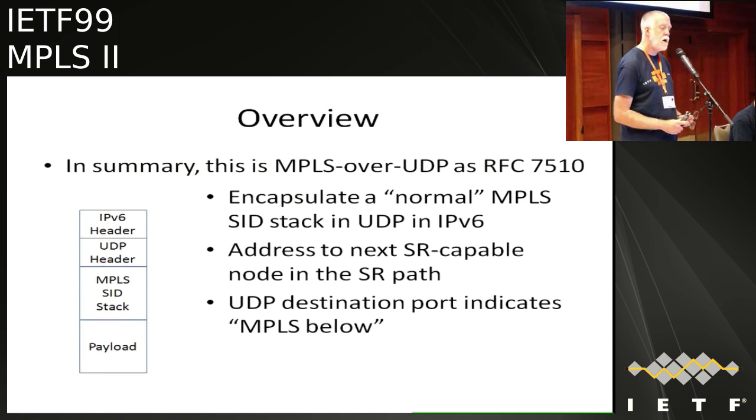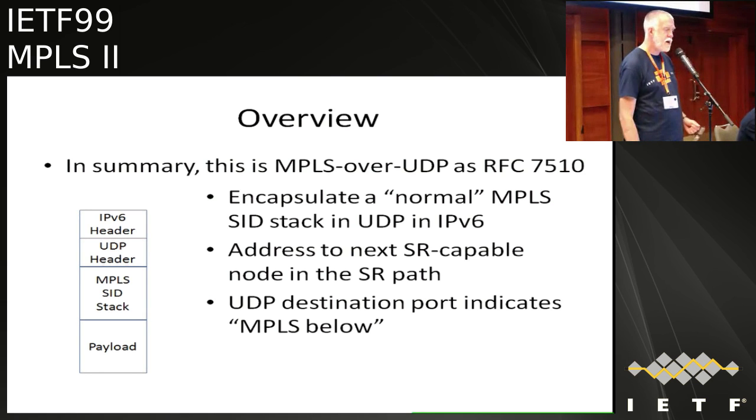Encapsulate an MPLS SID stack in UDP in IPv6, addressed to the next SR capable node along the way, which in the tunnel is just the end of the tunnel, or it may be sort of hop by hop, and use the UDP destination port to say there's MPLS below. Is that the specific port? There is already a UDP destination port allocated for the payload is MPLS. That's what 7510 does.